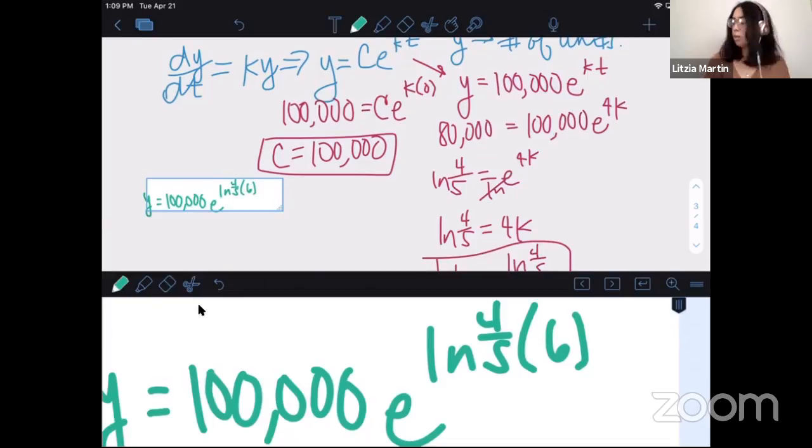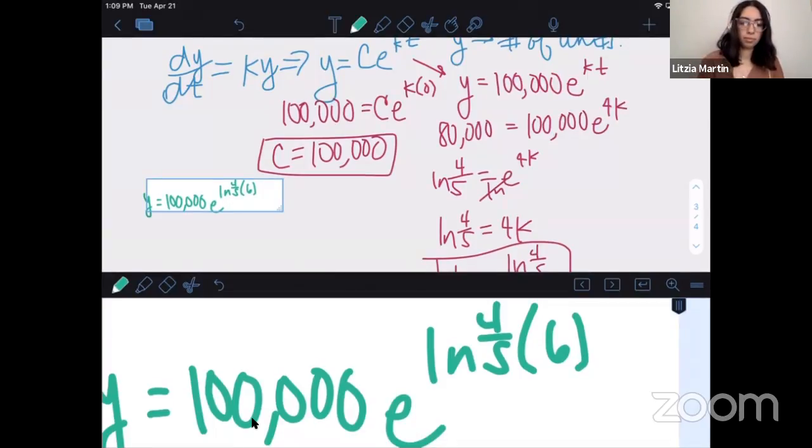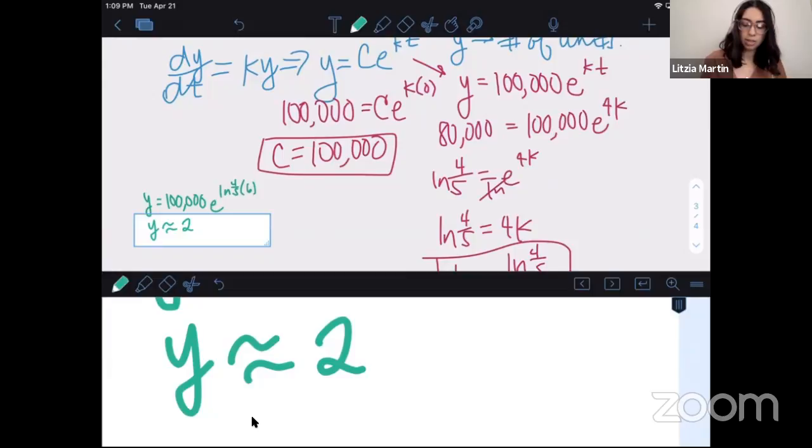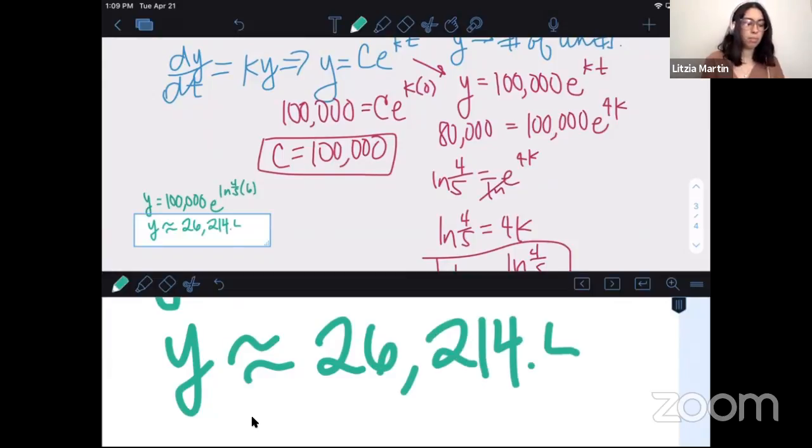And that will equal approximately 26,214.4 to the nearest unit, so 214 units.